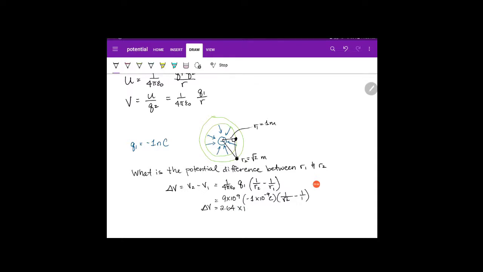2.64 times 10 to the 0, so that's 2.64 volts.